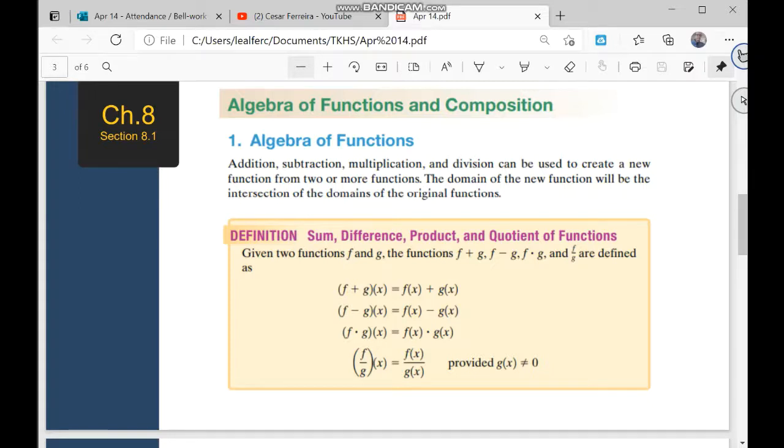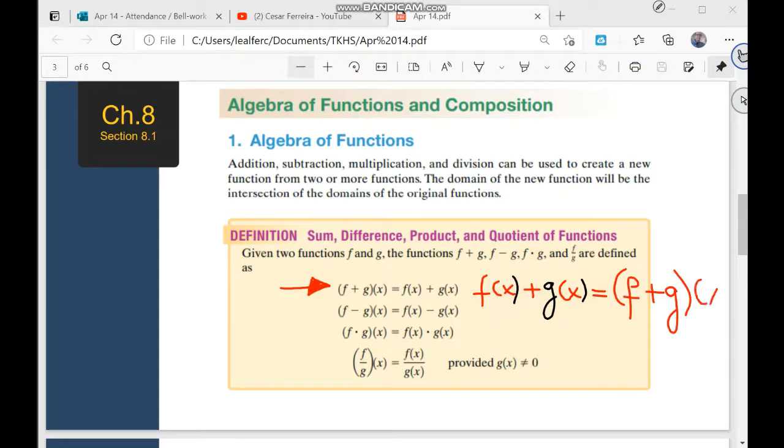Given two functions, f and g, the functions f plus g, f minus g, f times g, and f over g are defined or written as follows. For example, let me show just one example. f of x plus g of x is going to be written as (f plus g) of x.